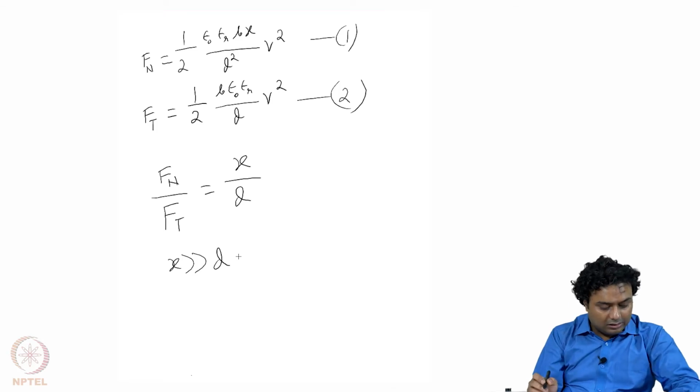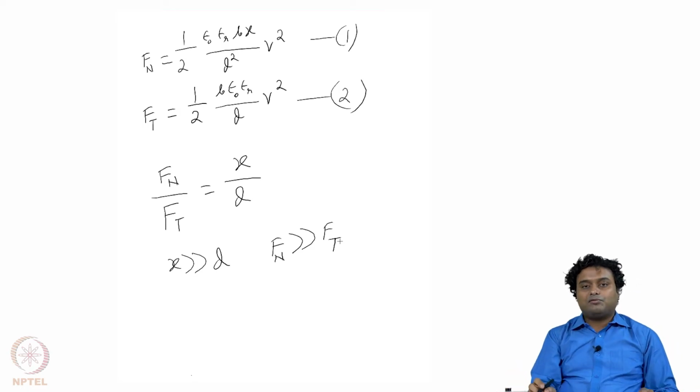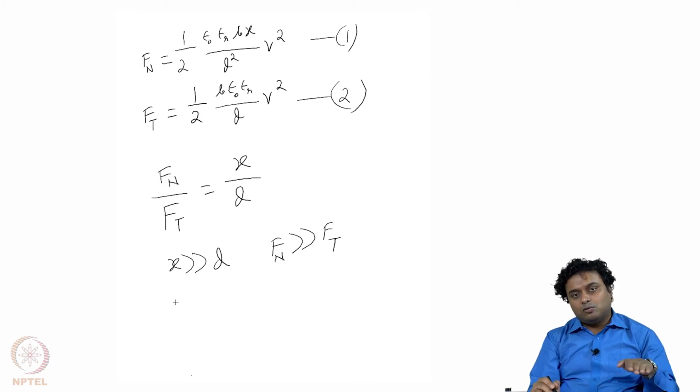So in that case we can write that Fn is very much greater than Ft, or the normal force is much higher than the transverse force. And one point to note here is that this x, or the lateral movement, we control by our design, how we are making the device and how we are going to move it.